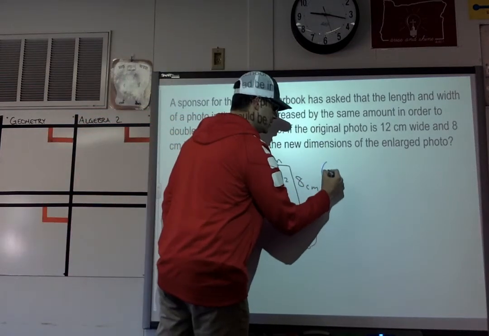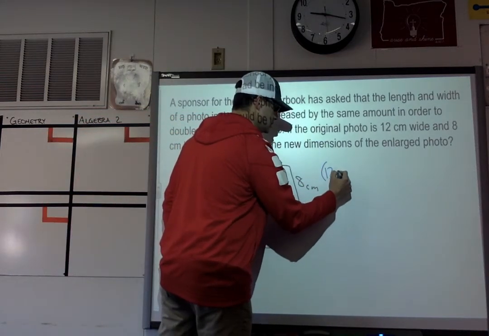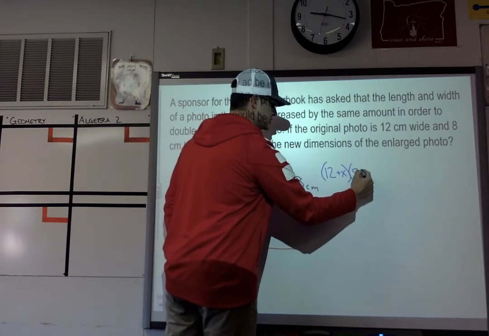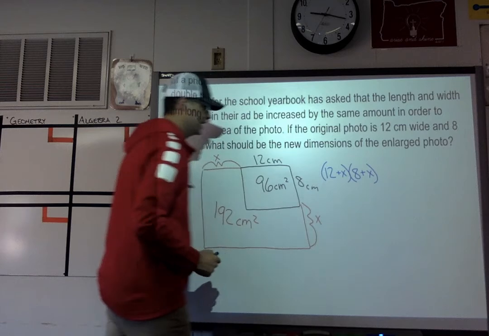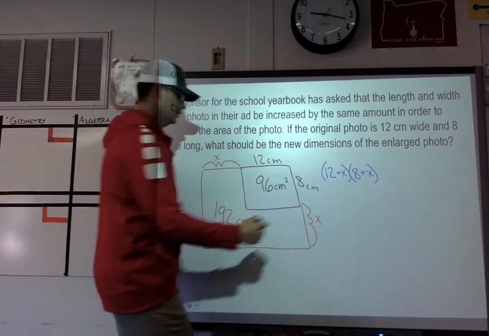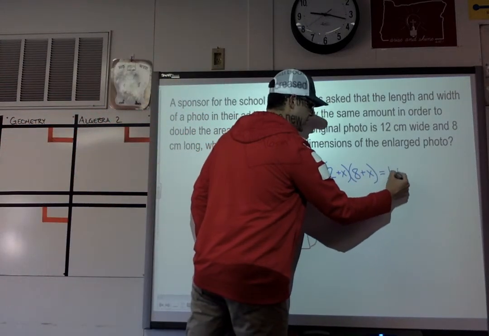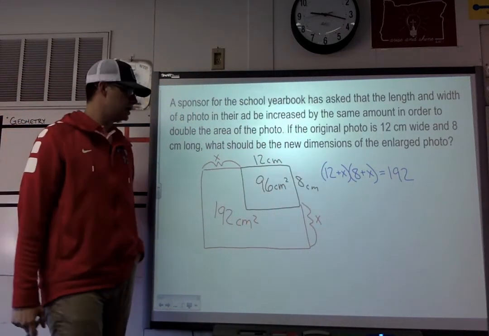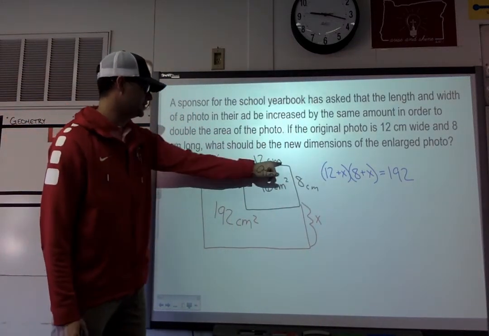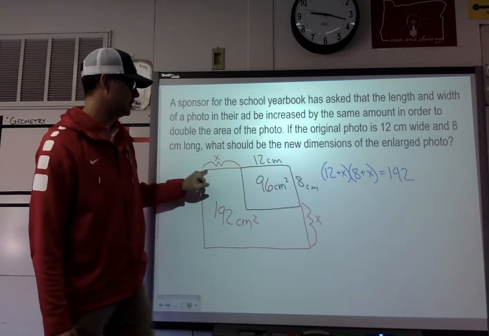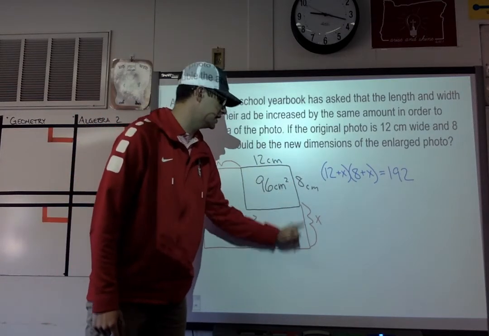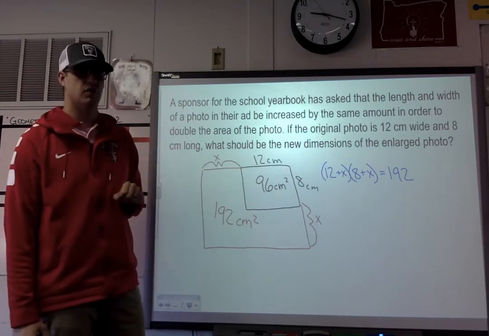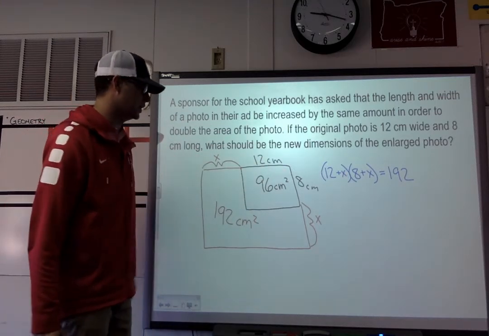So I'm going to write that as 12 plus x times 8 plus x, and we're going to set it equal to our new area of 192. So again, 12 plus x, this new length, times 8 plus x, the new width here, is equal to the new area of 192 centimeters squared.